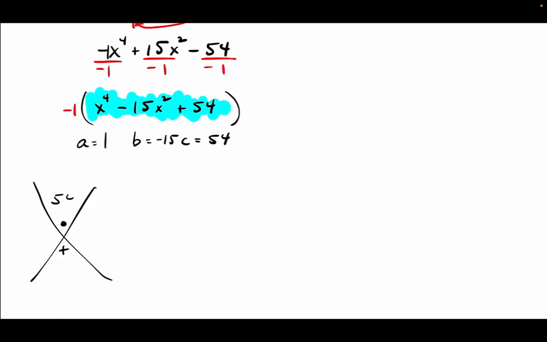So positive 54, negative 15. The two numbers that multiply to be 54 and add to be negative 15. Again, if you don't know, use your calculator. Okay? Just start dividing by things. Just go to 54. So I need to make negative 15.